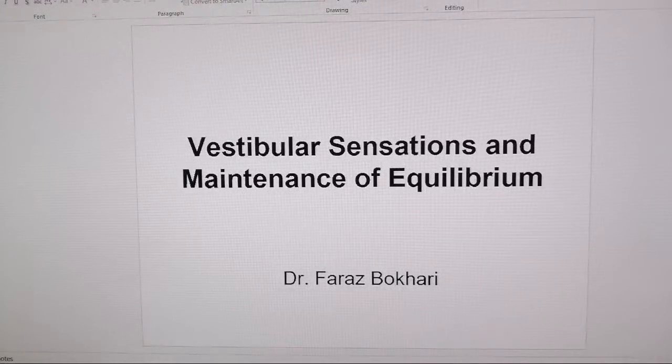Why do we like to know about the vestibular apparatus? It is because we want to know how the body maintains its equilibrium and balance, A, when it's stationary, and B, during movements.